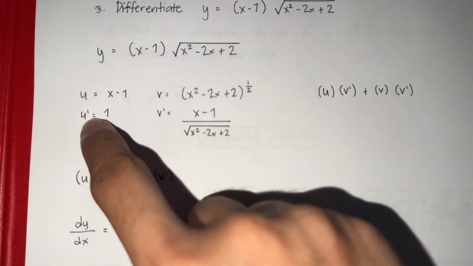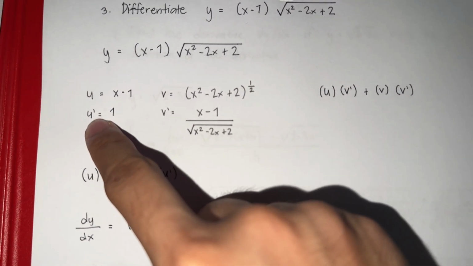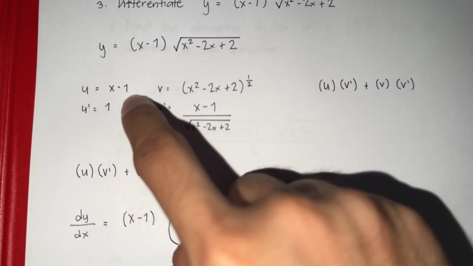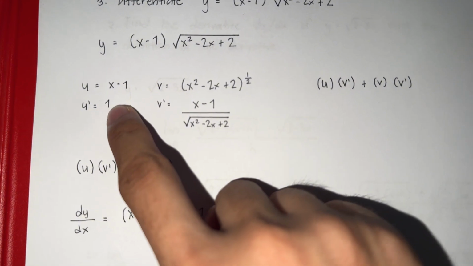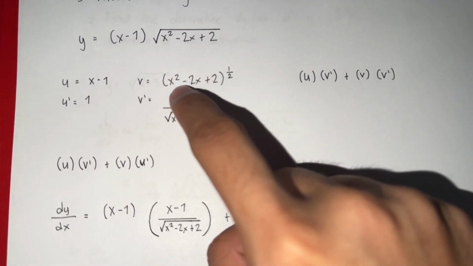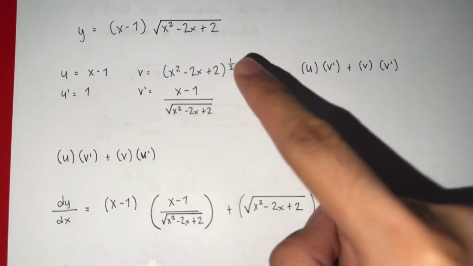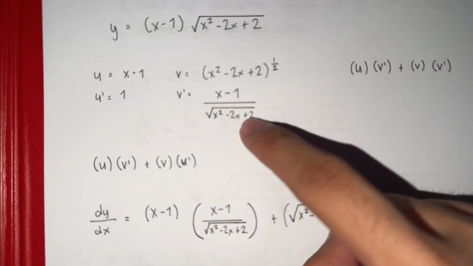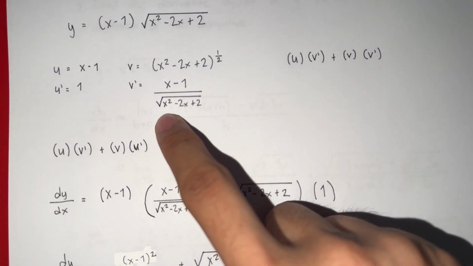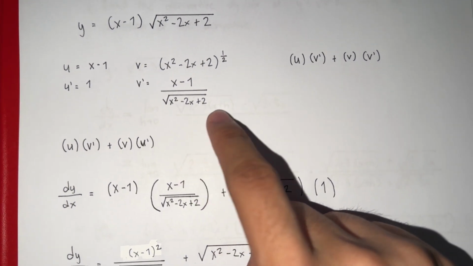In order to get the u prime, we must find the first derivative of this. The first derivative of x minus 1 is 1. And the first derivative of our v, using the chain rule, is x minus 1 over square root of x squared minus 2x plus 2.